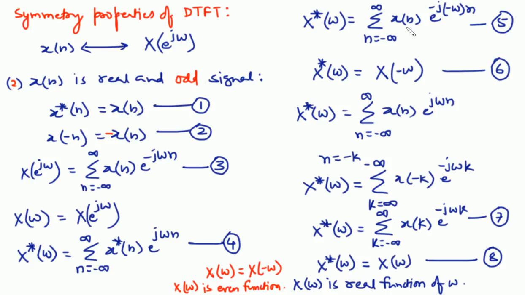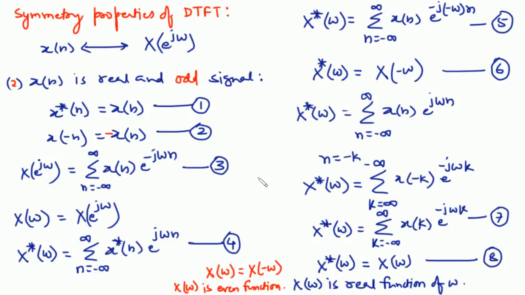So here we have x[n], and e^{jωn} can be written as e^{-j(-ω)n}. So the complex conjugate of X(ω) is X(-ω). By comparing the fifth and third expressions, we get this sixth expression.